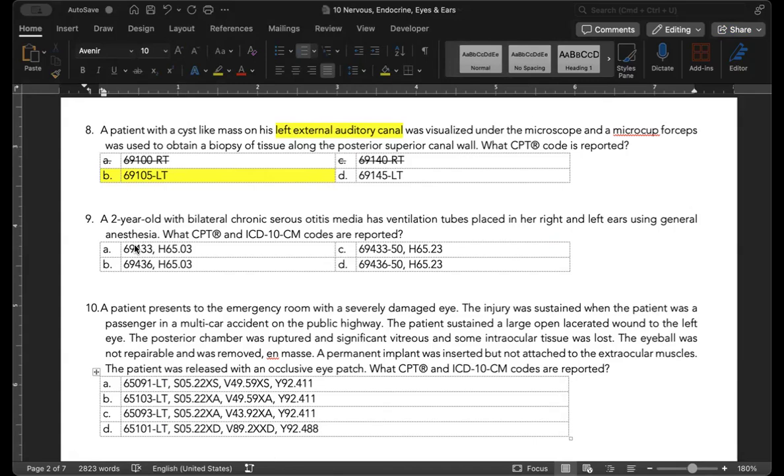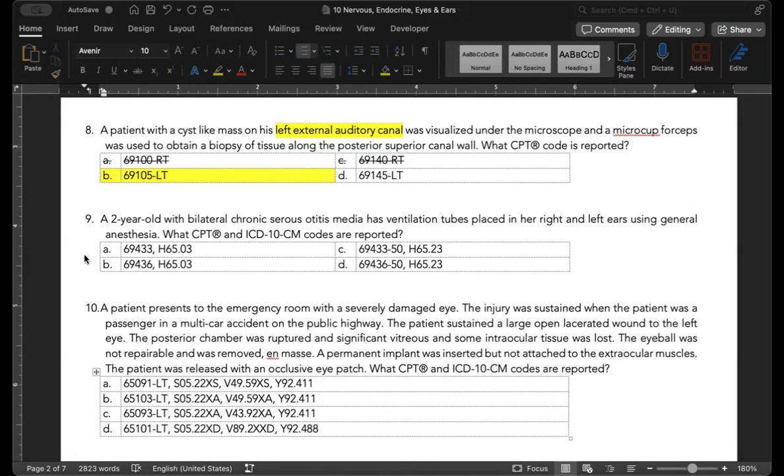So 69433 is a tympanostomy requiring insertion of the ventilating tube, local or topical anesthesia. And then your 69436 is for tympanostomy requiring insertion of ventilating tube under general anesthesia.